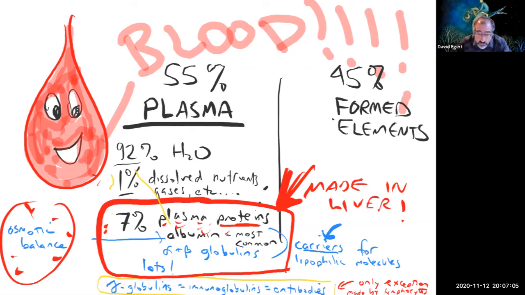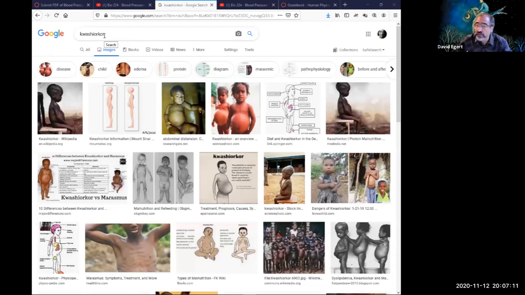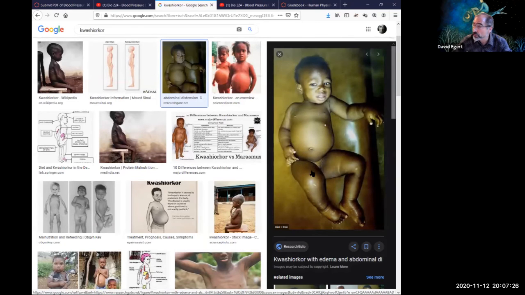So kwashiorkor is a type of malnutrition where you're not getting all your essential amino acids, usually because you're just eating wheat, for instance, and wheat is an incomplete protein. People sometimes ask, how come people starving look like they're all bloated?